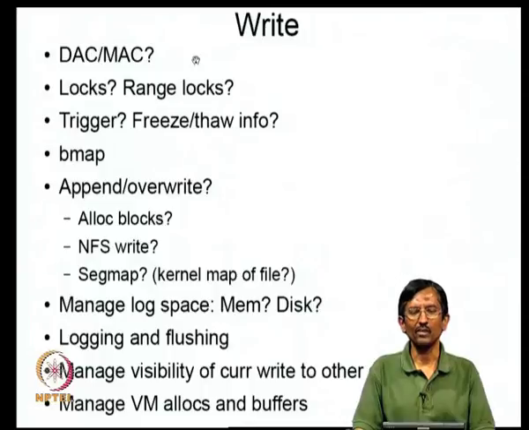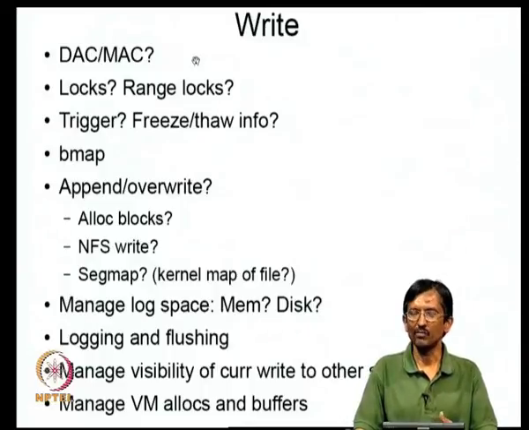One thing I have already mentioned is that when you do a write, you can be coming from an application which is using something like fwrite. Fwrite is a libc call, and libc has to convert it into a system call. Once the system call comes in, you have now entered the kernel.